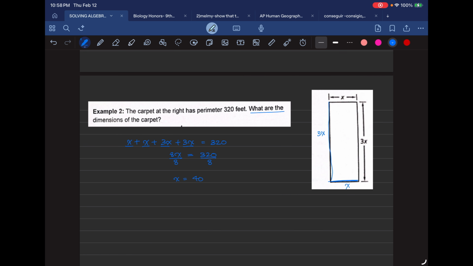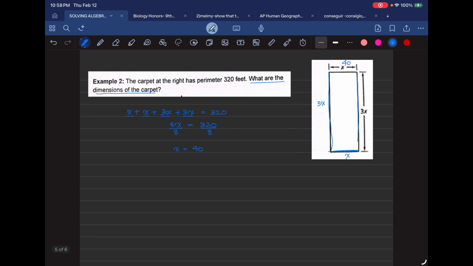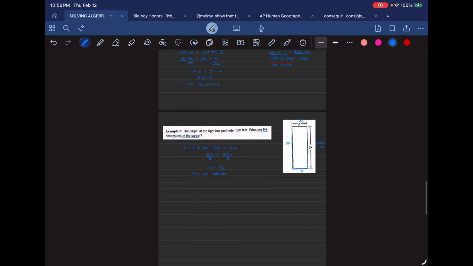However, it is asking for the dimensions of the carpet. So x is 40, which means this longer side is 3 times 40, which is equal to 120. So we can finally say that it is a 40 by 120 carpet. And this is the answer.